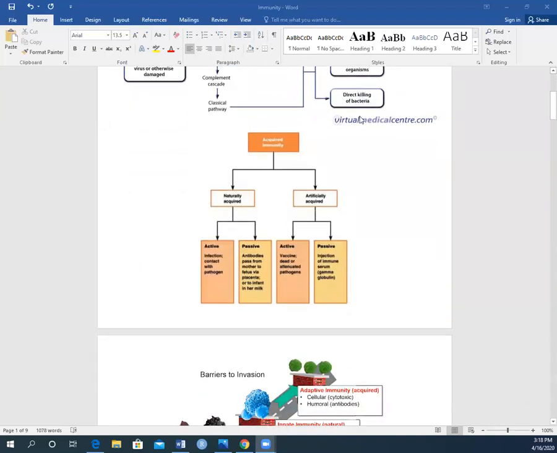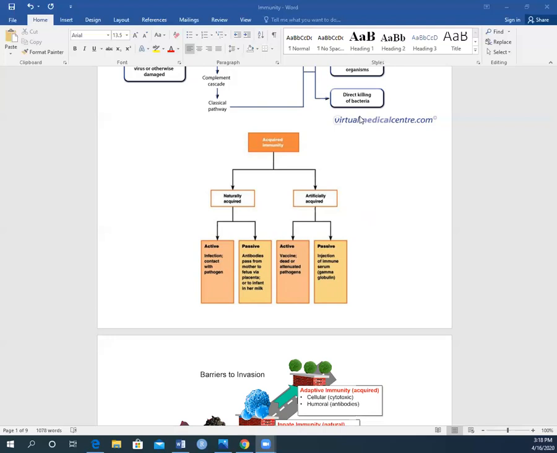Okay, this illustration here is dividing your acquired immunity into two categories, your naturally acquired versus your artificially acquired. So your naturally acquired, this is going to be on the active side when you get exposed to a disease, and your body can then create memory cells for that disease.